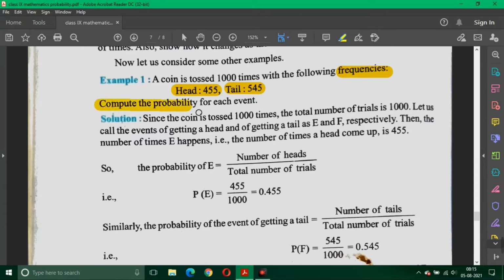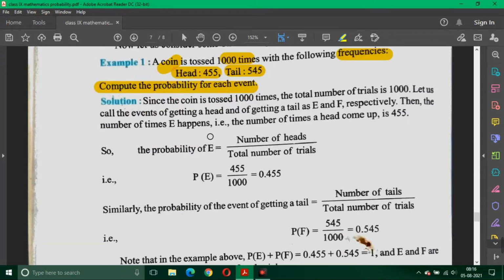You are asked to compute the probability for each event, that is for getting head and for getting tail. So we're just going to apply the formula. The probability of event E is going to be the number of heads divided by the total number of trials.